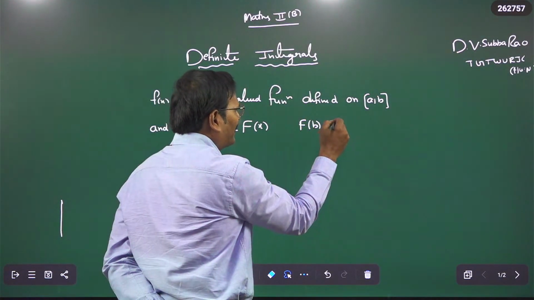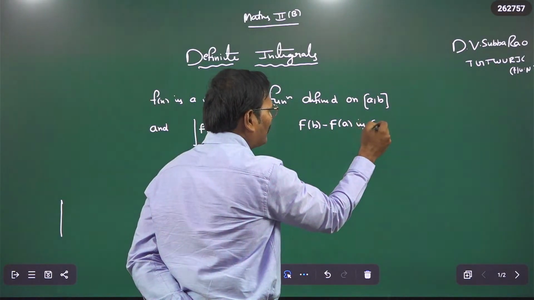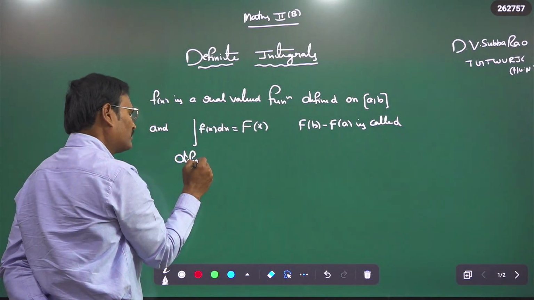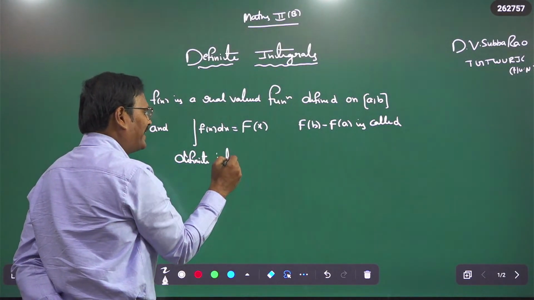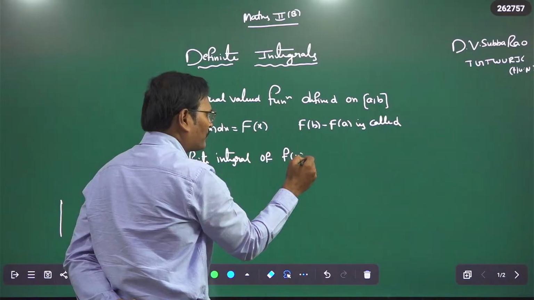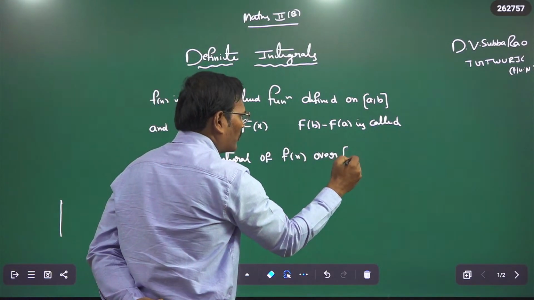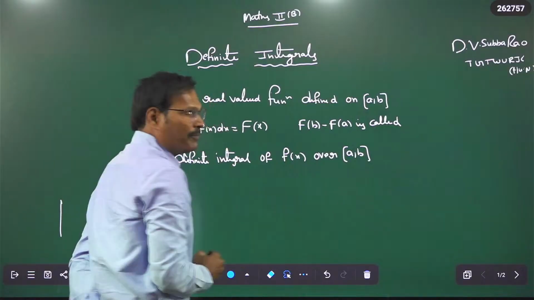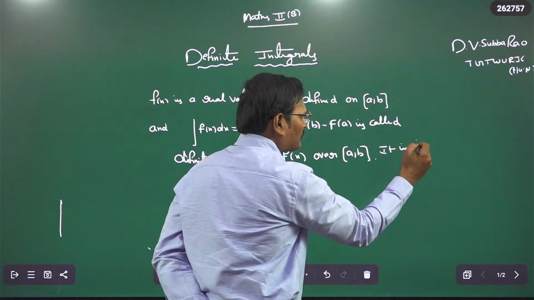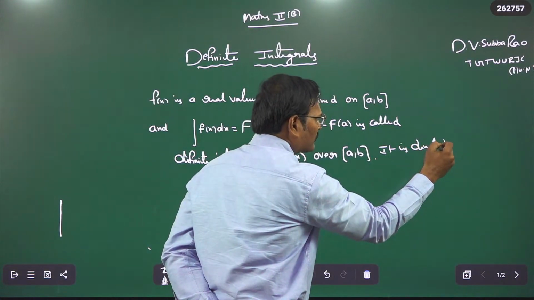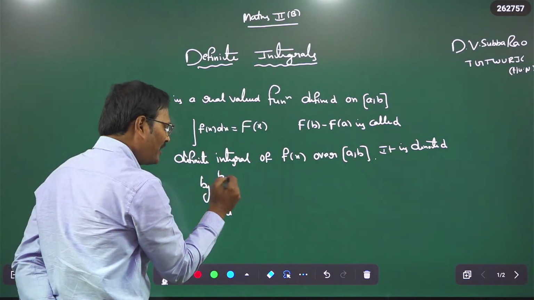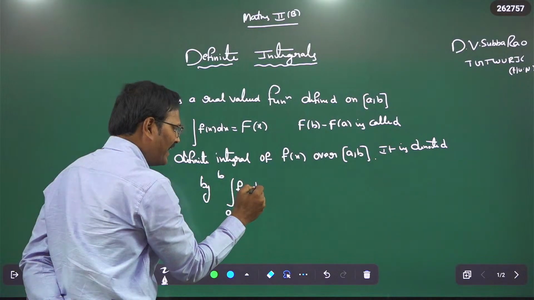F of b minus F of a is called the definite integral of f of x over the closed interval a comma b. It is denoted by integral a to b f of x dx.